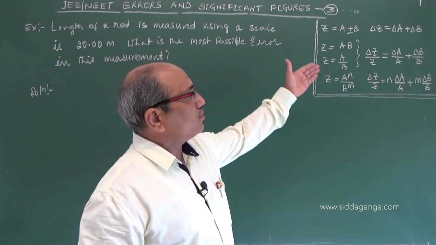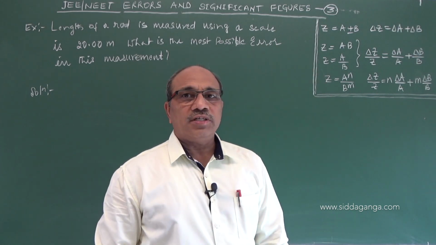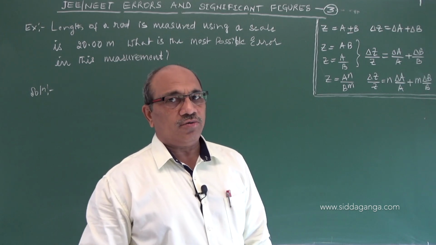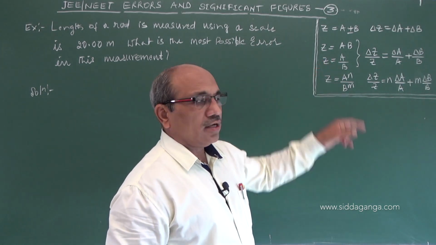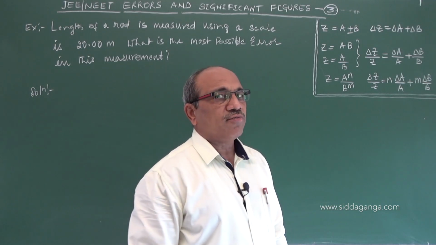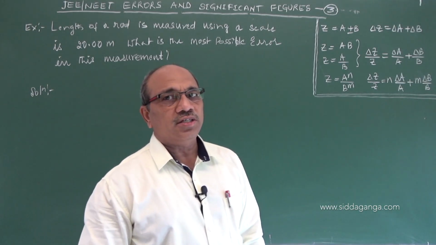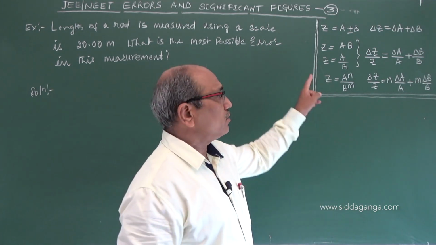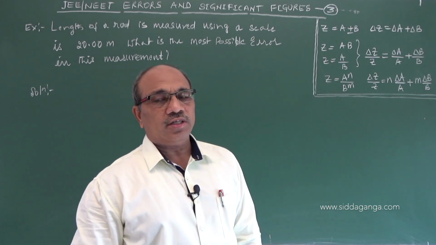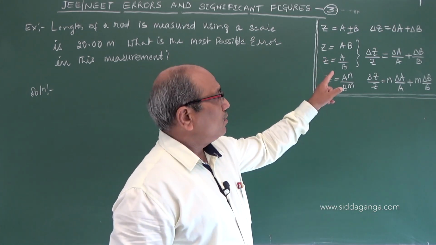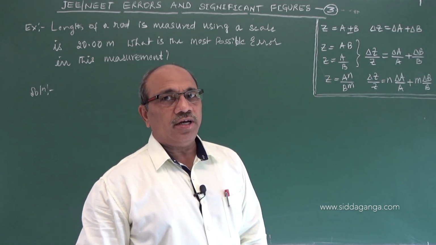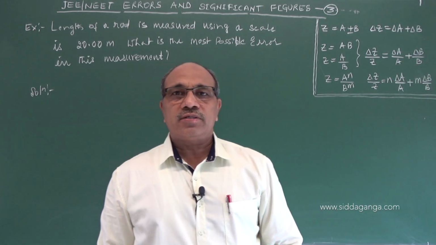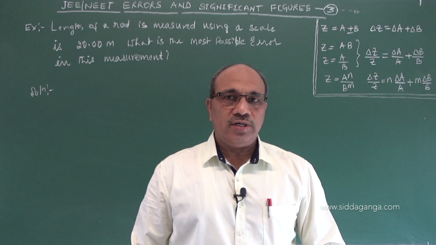The most important relations we have taken: when a physical quantity is obtained by addition of two measured quantities or by subtraction of two measured quantities, then the mean absolute error is the sum of the errors committed in measuring each of them. Similarly, if it is obtained by product or quotient, irrespective of that, the fractional or relative error arising is again the sum of the relative errors committed in measuring those quantities.